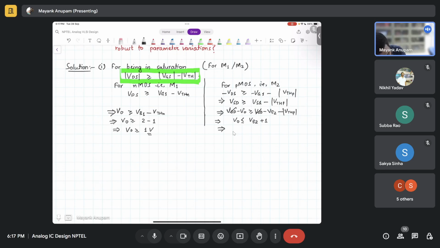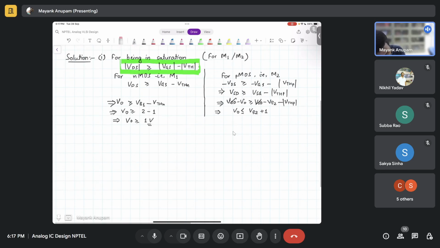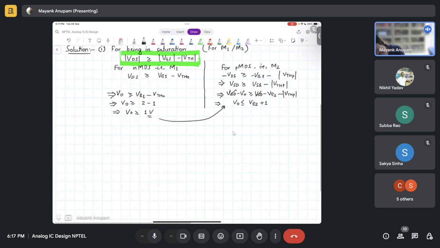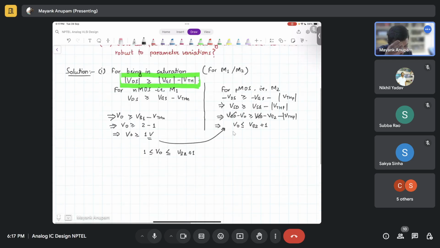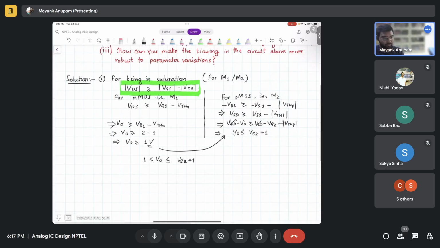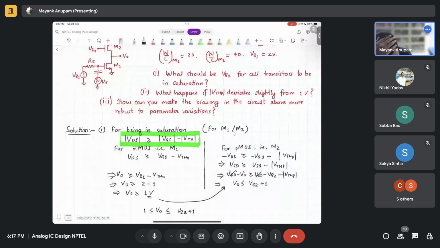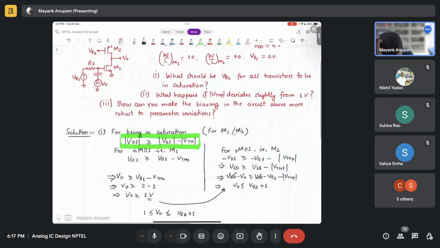If I use this inequality in here, Vout has to be greater than or equal to 1 volt, but it also has to be less than or equal to VB2 plus 1 volt, right? Now tell me, how do I find out? What do I do now? Any ideas?